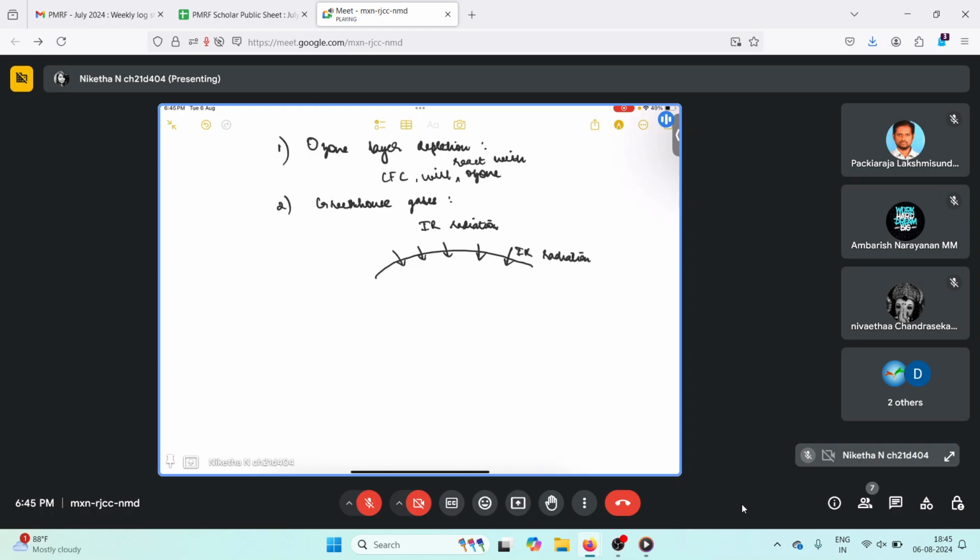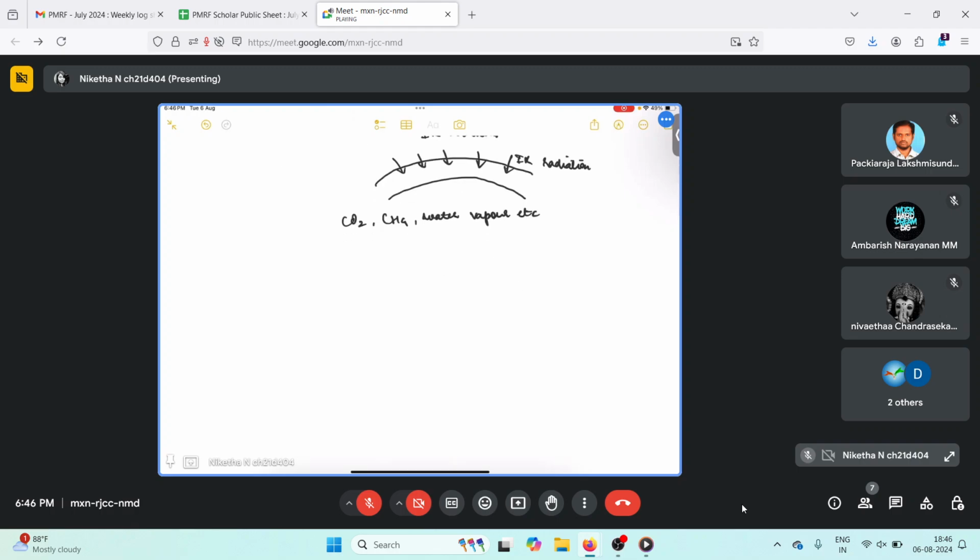When this happens, the temperature of the earth will rise. The temperature of the atmosphere will rise, and this is caused by a group of gases called greenhouse gases. Some greenhouse gases are carbon dioxide, methane, and even water vapor.